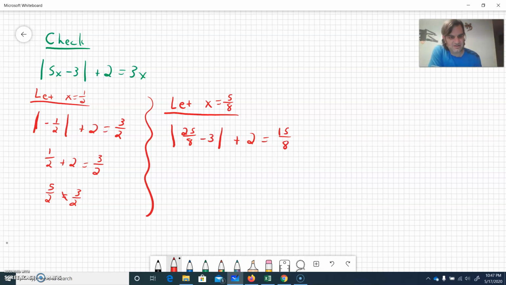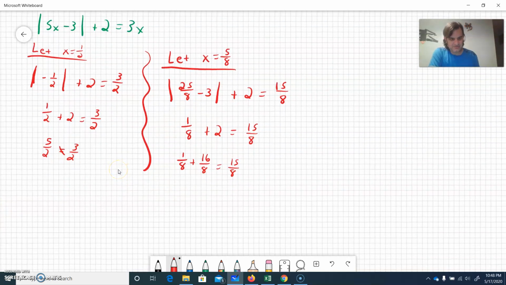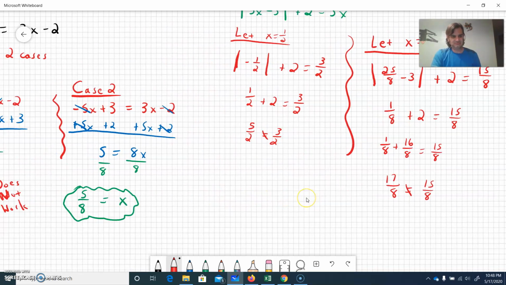We'll need a common denominator in here, so we'll get 1/8 when we say 25/8 minus 3, and that's positive, so plus 2 equals 15/8. So this is 1/8 plus 16/8 equals 15/8. So you can hopefully look at that really quickly and see it's not going your way, whereas you get 17/8 equals 15/8, which is again not true. So we come over here and we see this as does not work.